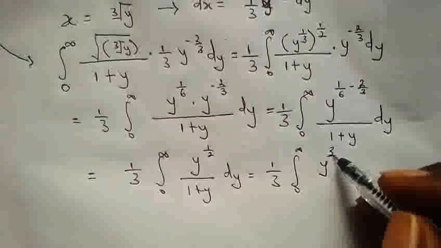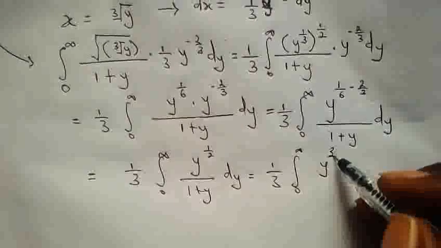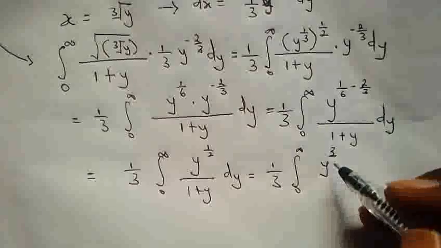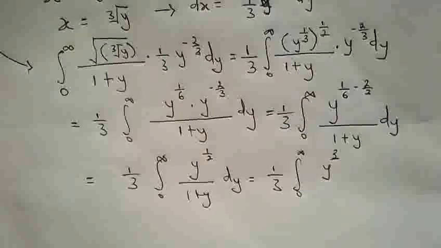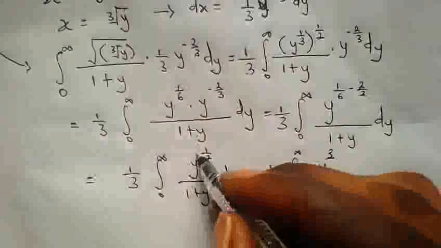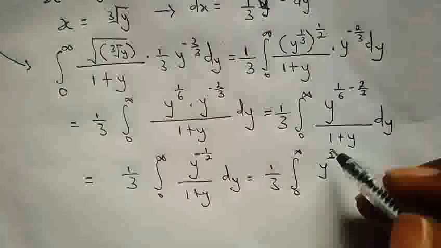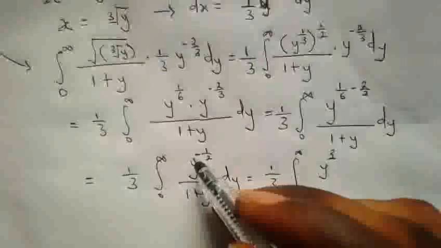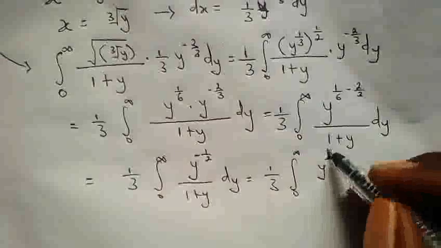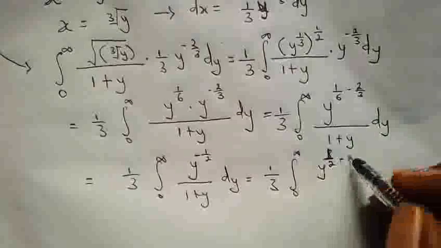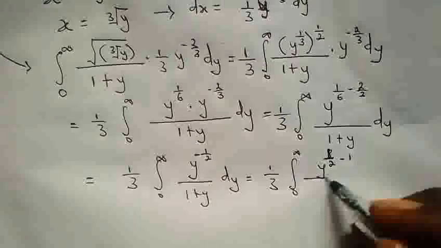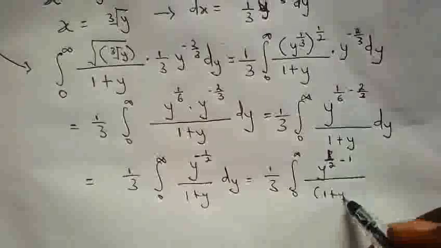I'm so sorry, here we have negative 1 over 2. So we're going to write this negative 1 over 2 as 1 over 2 minus 1. Okay, so here we have 1 plus y.